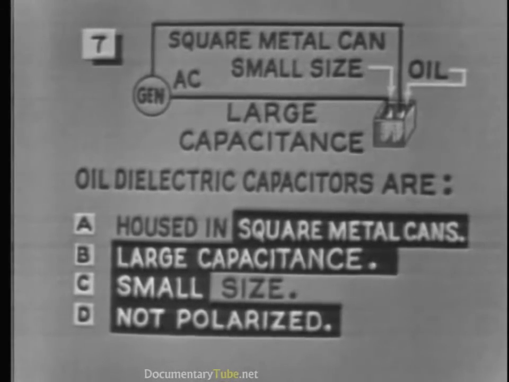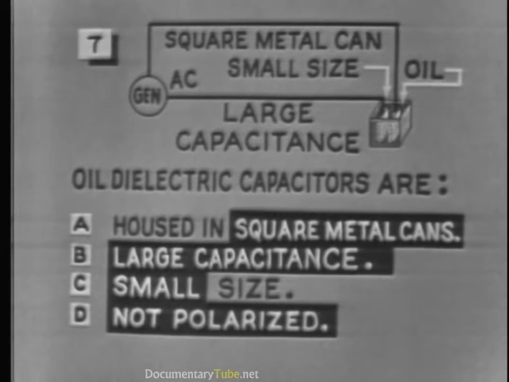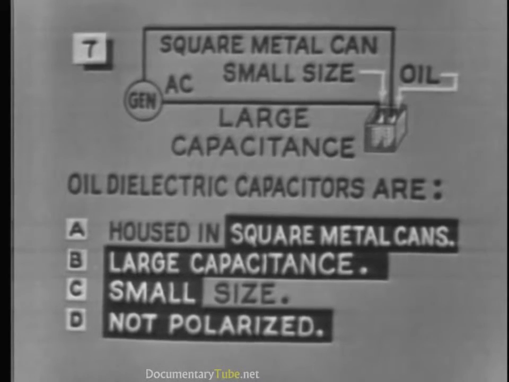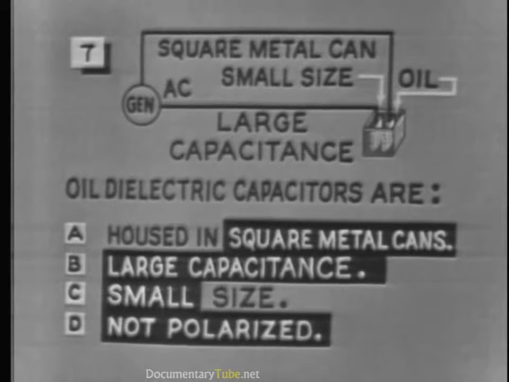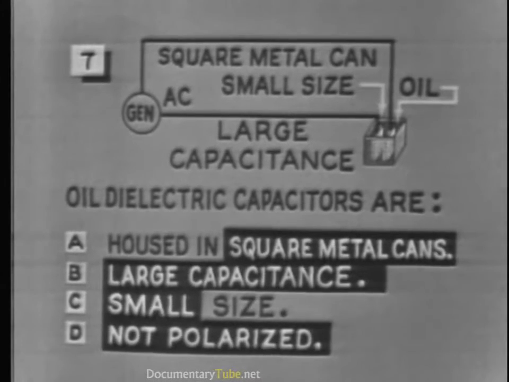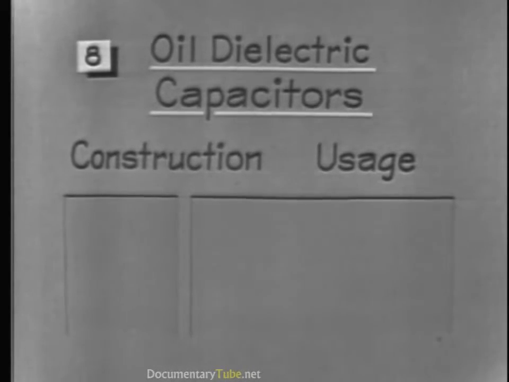You should have completed the statement so that it reads, oil dielectric capacitors are housed in square metal cans, have large capacitance, small size, and are not polarized. Now complete number 8.